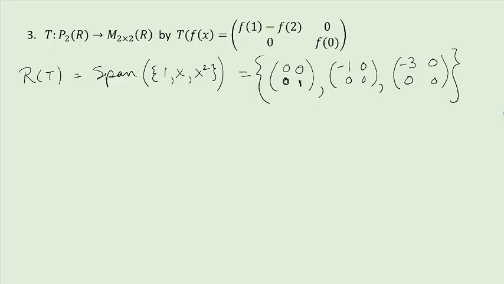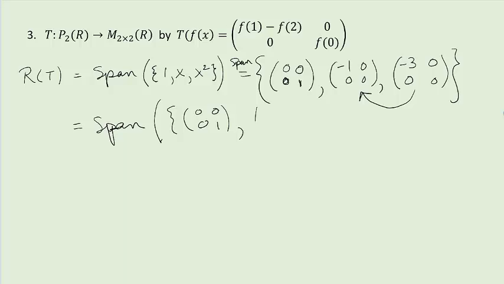Okay, well, we see that this vector is a multiple of that vector. By the way, I should have had span here, the span of that set. So these two vectors are linearly dependent, so we can say that the range of T is the span of the set containing two matrices, 0, 0, 0, 1, and the matrix minus 1, 0, 0, 0.